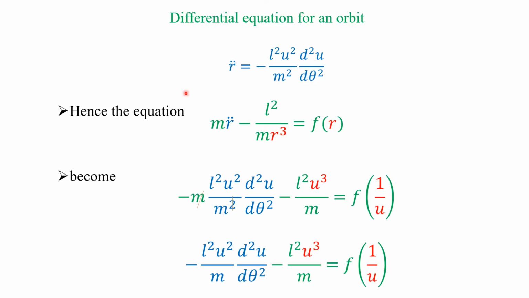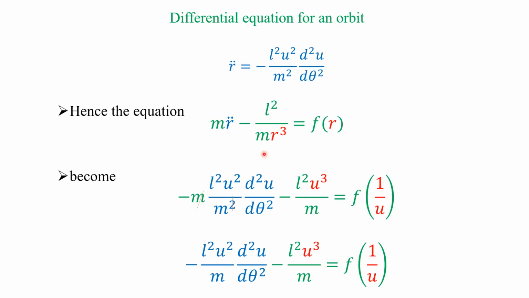Now you take the initial equation of motion, m r double dot minus L squared over m r cube is equal to f of r. Now you change the variable. You know m r double dot is equal to this one. This blue color bond you replace for r double dot.